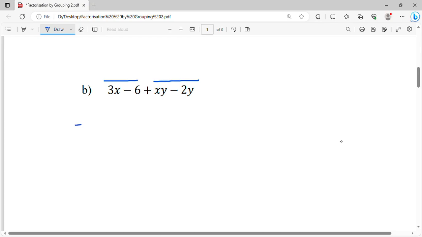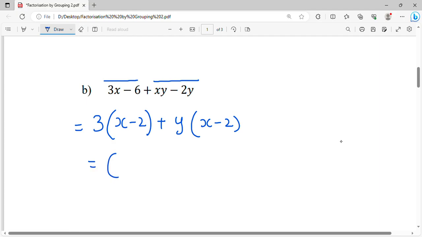The common factor between 3 and 6 is 3. So I get 3(x minus 2) plus, here the common factor is y, and I have y(x minus 2). Very direct. So I see x minus 2 is the same. Let me take it out and I have the bracket (3 plus y). Here your factorization is done.